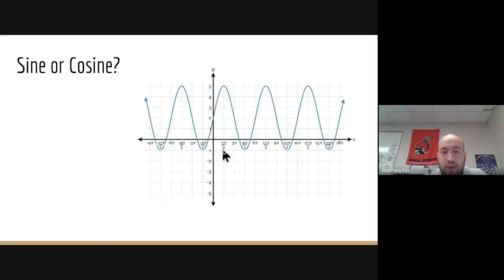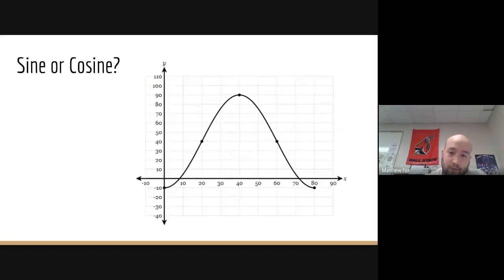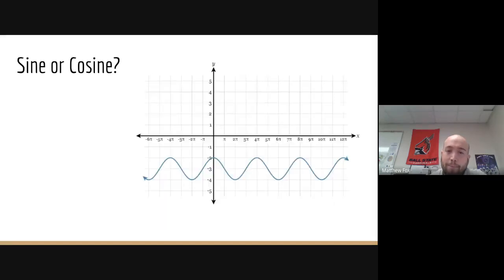Our next one, be careful. Some of you will say, well, it's not at 0, so that's cosine. But look, it is at 2. That is going to be your midline. It goes from 2 up to 5, which is 3, and from 2 down to -1, that's 3. So this one is sine. For the next one, they only gave us one period, so maybe it's a little more challenging, but you can see your midline here is at 40, so this one is definitely cosine.